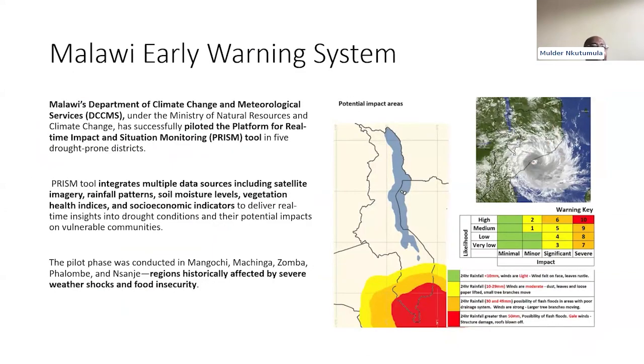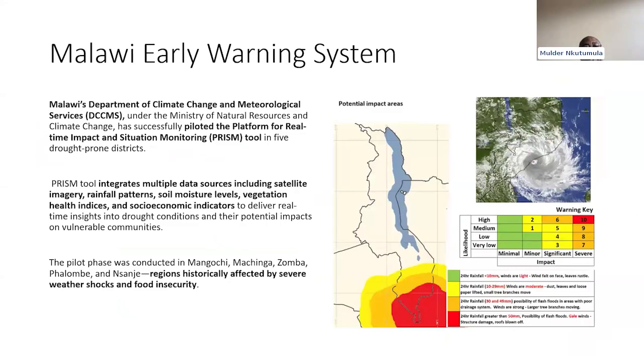So we just highlighted the use of PRISM. That's the platform for real-time impact situation monitoring in a couple of districts. We use it for drought, and we have also used it for floods.